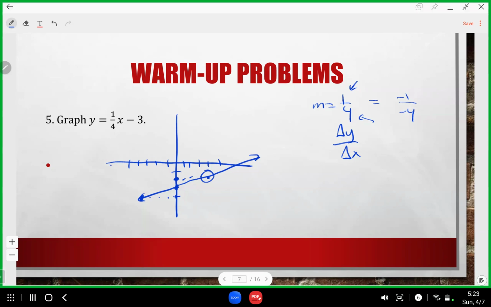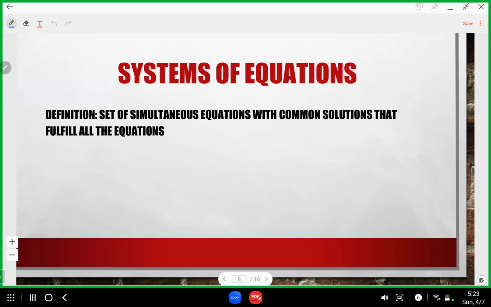We'll now be going on to systems of equations. Here is the definition of a system of equations: a set of simultaneous equations with common solutions that fulfill all equations. That is what a system of equations is. I'll give you an example real quick of what might happen in a system.